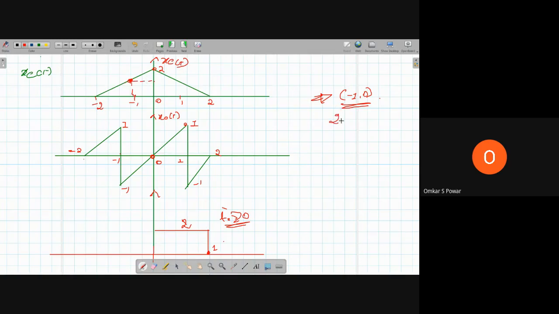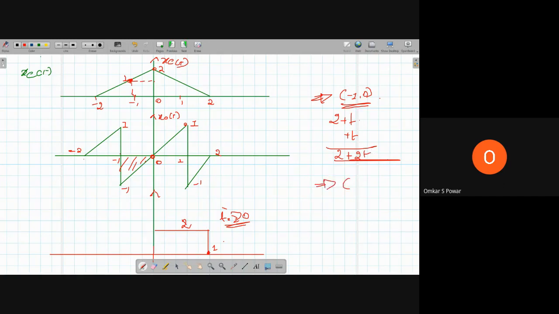If you solve this, you'll get 2 plus t, because 2 minus 1 is 1 and at 0 it's 2. So this is the equation. Plus, what is the equation for this part here? It is just plus t. So it is 2 plus 2t.